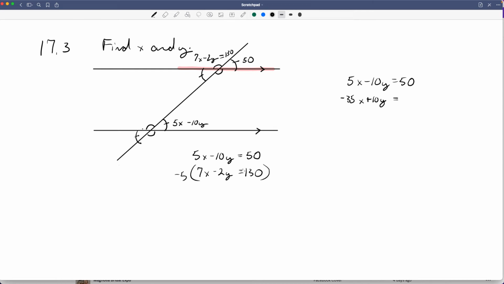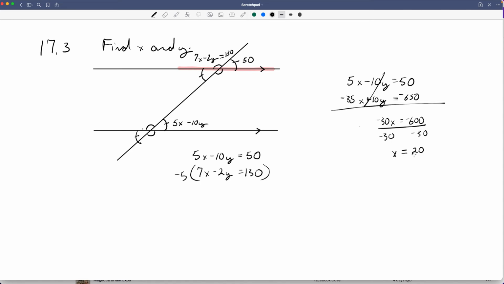And a negative 5 times 130 is going to be a negative 650. Yes, that's right. So when I combine, this cancels, and then this becomes negative 30x equals negative 600. When I divide both sides by a negative 30, I find that x is going to be equal to 20.